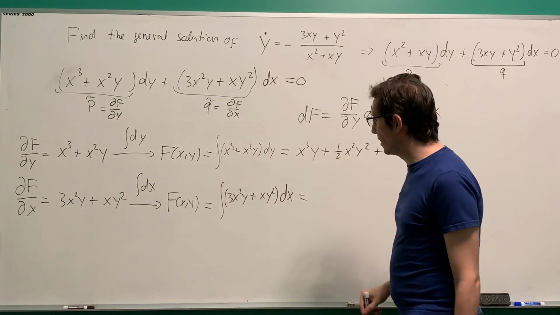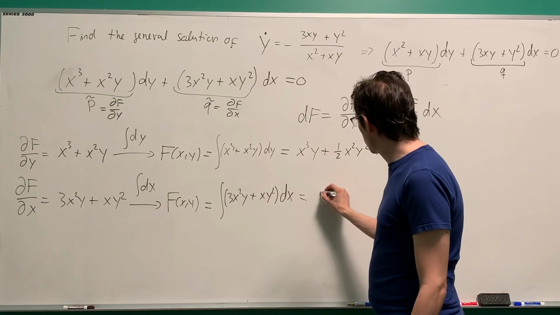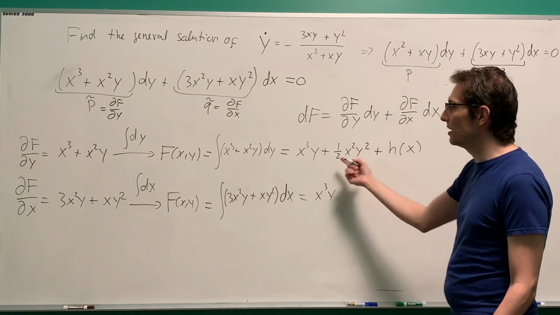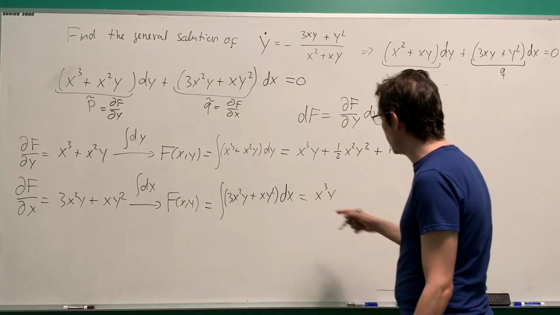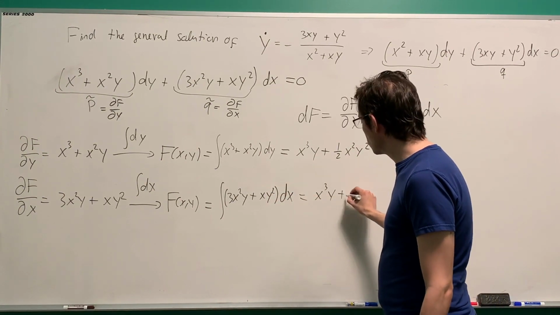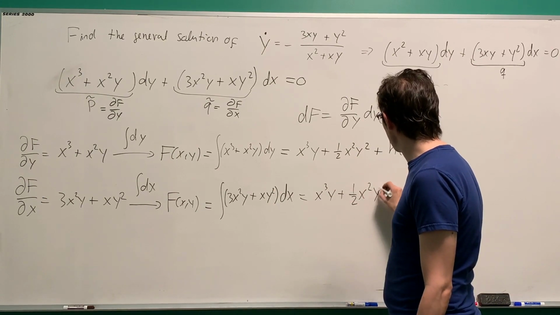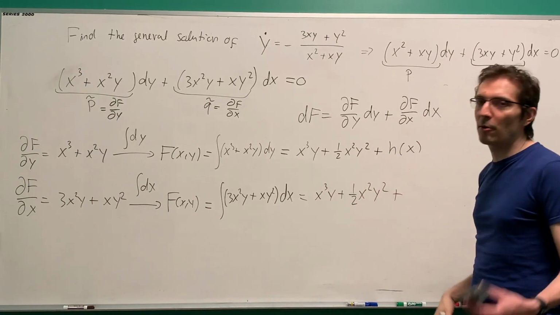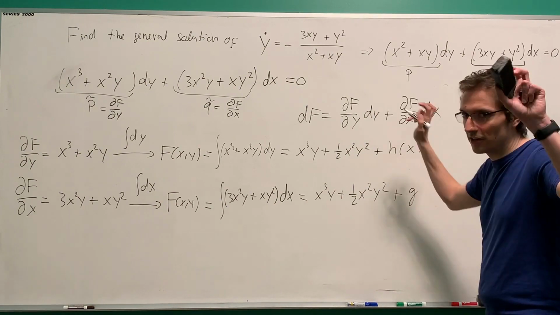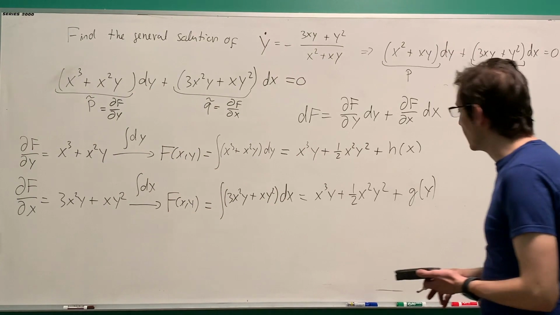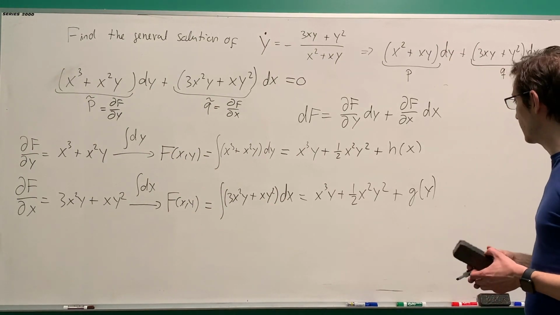And we do it, this thing is going to be x cubed y, nice, same term. The terms that contain both should appear in both, plus 1/2 of x squared y squared, plus of course a possible constant that depends only on y, because the partial derivative with respect to x cancels any function of y.